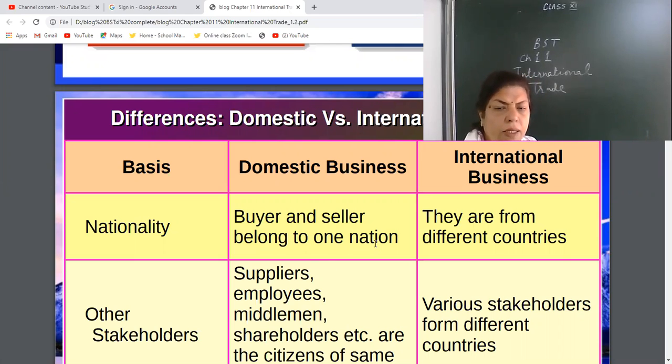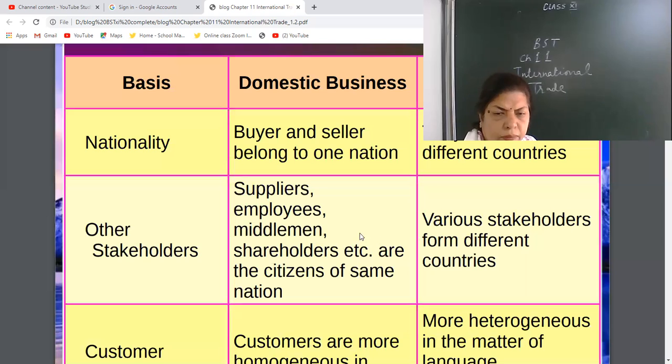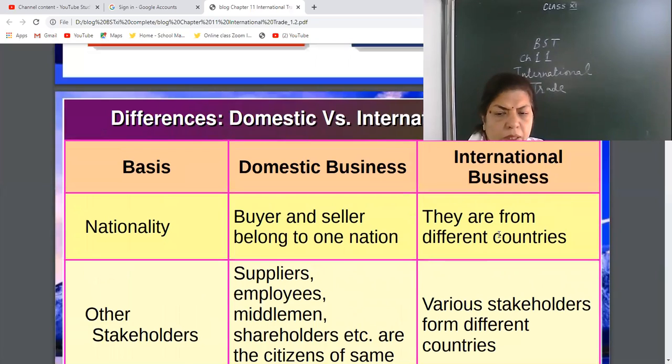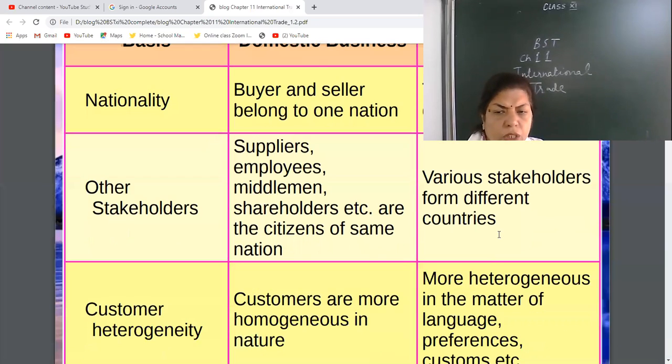Nationality: buyer and seller belong to the same nation, versus they belong to different countries. Suppliers, employees, stakeholders are citizens of the same nation, but in international business, various stakeholders are from different countries.